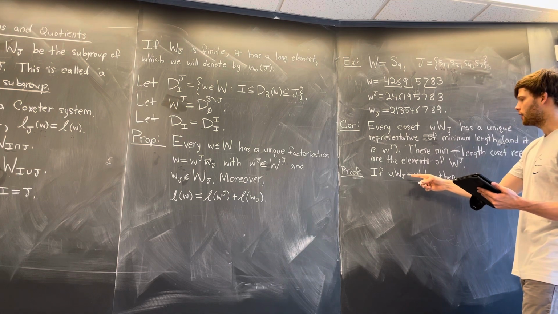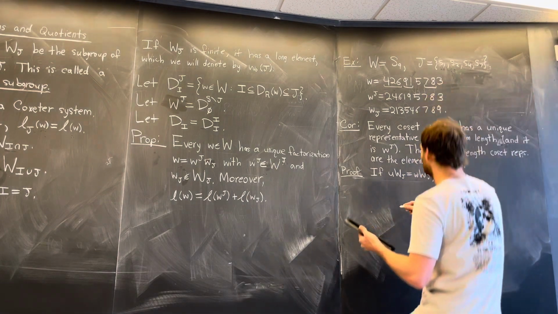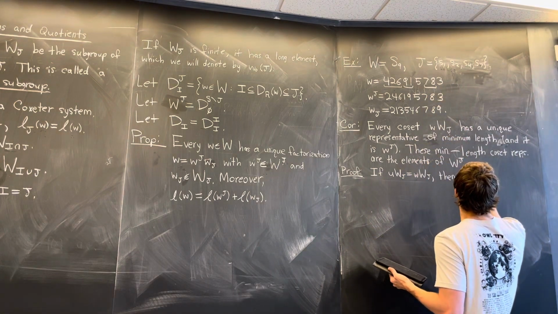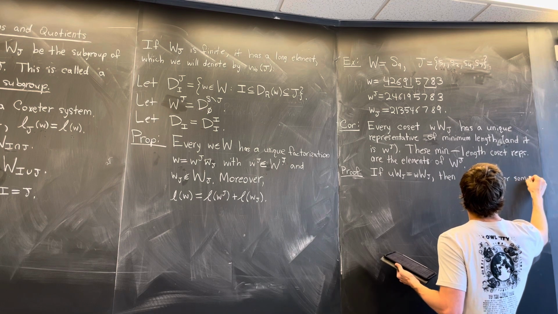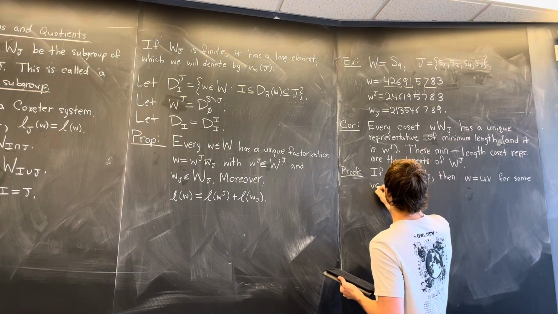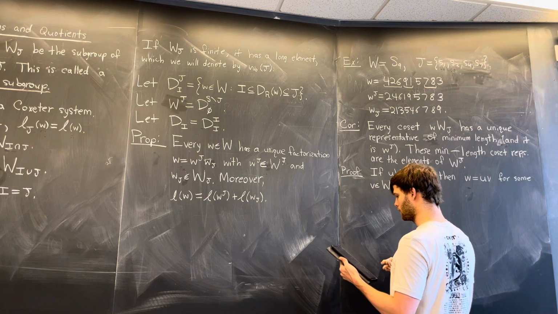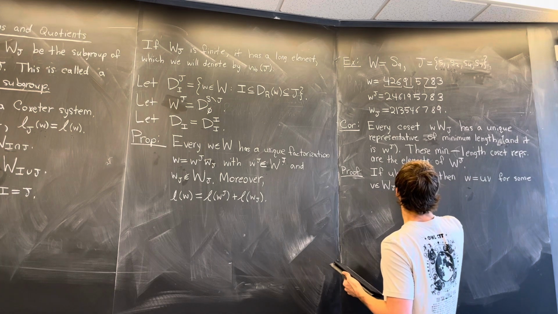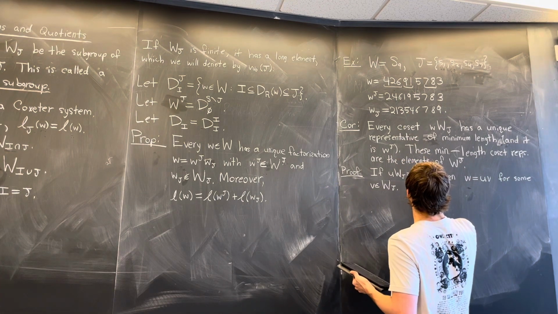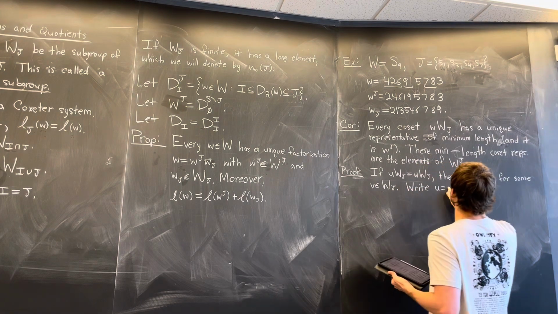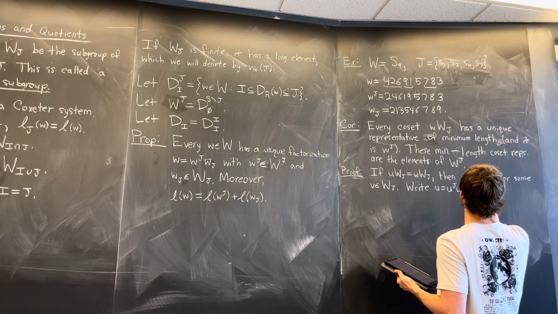This just means that I can write w as u times some element of this parabolic subgroup. So w is, let's say, uv for some v in this parabolic subgroup. So according to this proposition, we can write u as u superscript J, u subscript J, and similarly for w.